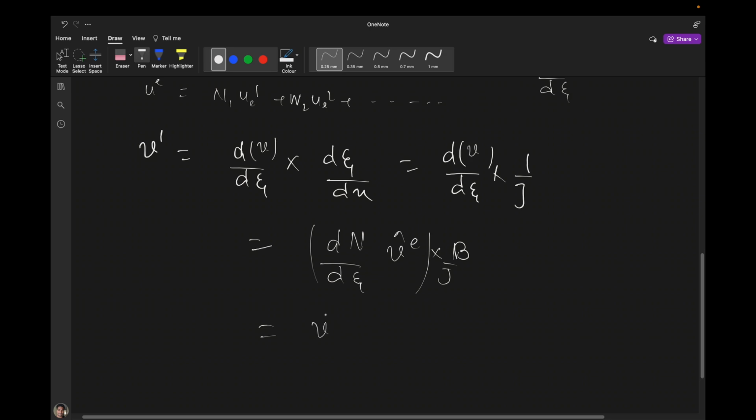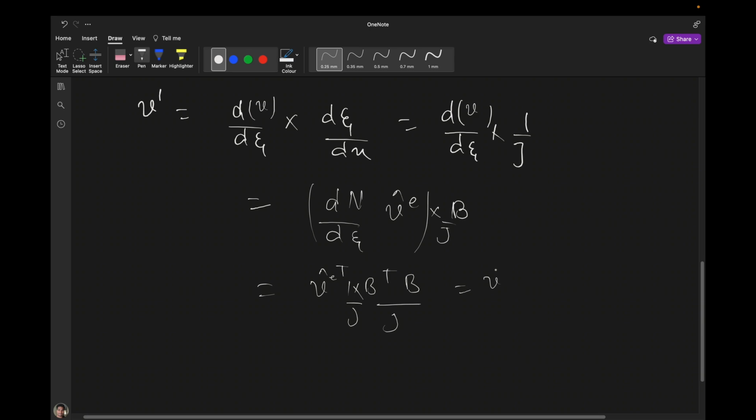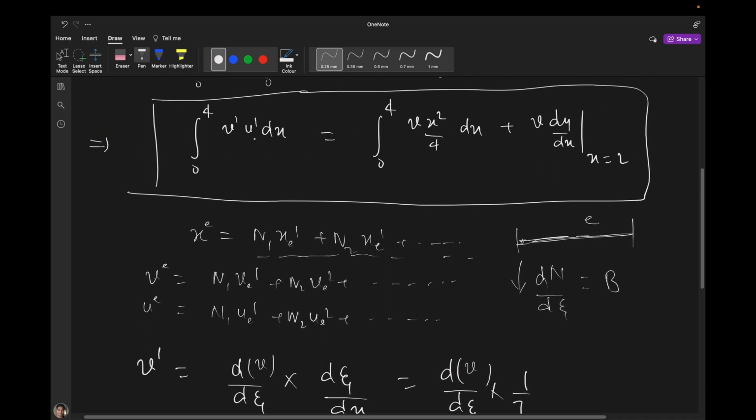So I have to write v e transpose, and here it will be b transpose, and here it will be b divided by j, and one more j will come because of this. So here it will be v e transpose by j square b transpose b. So this is the v dash.